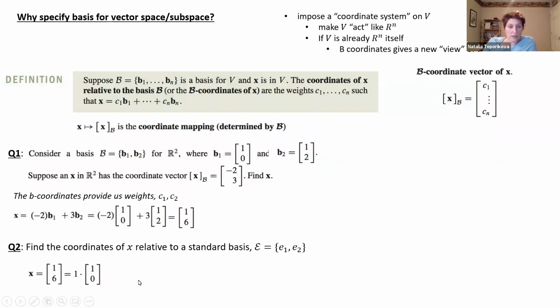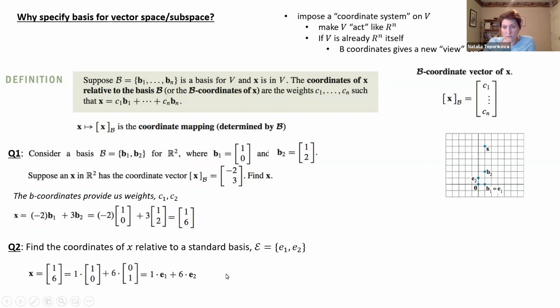Okay, and again, we break it down into two parts. The first one will be the vector (1, 0), so the component 1 times E1, and the second weight will be 6, multiplied by the second coordinate vector E2. And again, we can write it down as a linear combination.